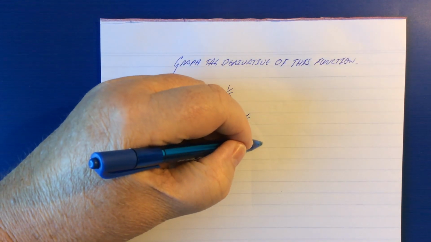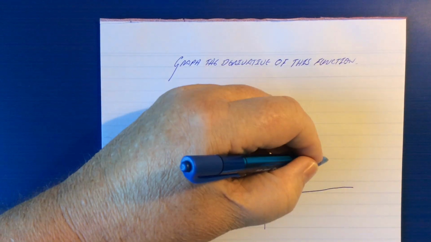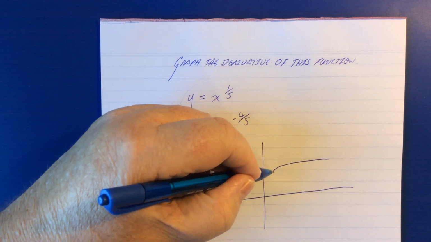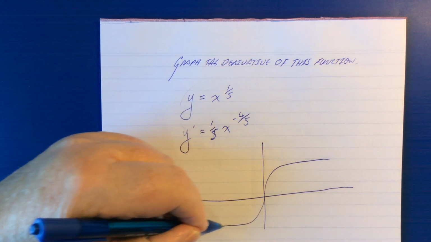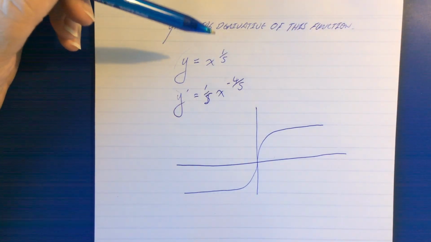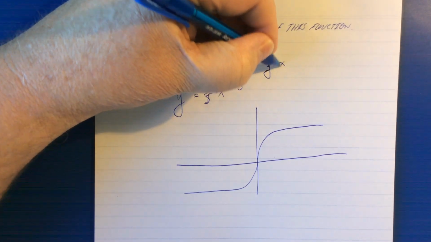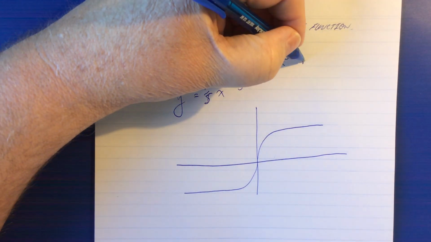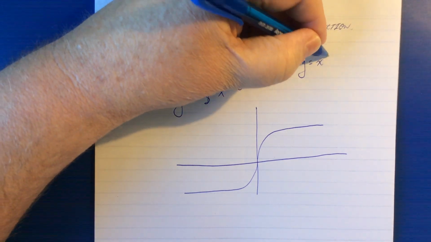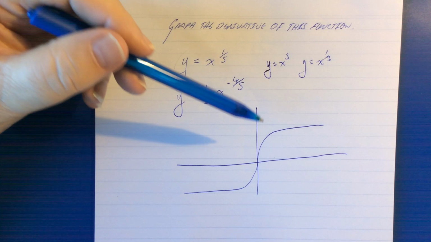And this is very roughly what it looks like. It looks like this. And those of you familiar with the inverse of this, which is that, might recognize this shape.